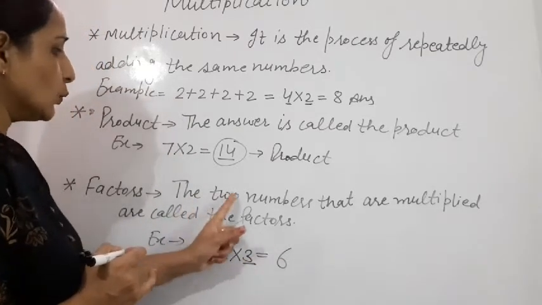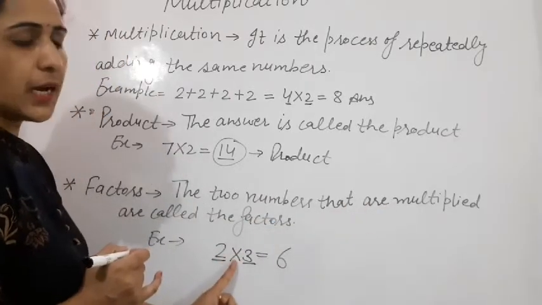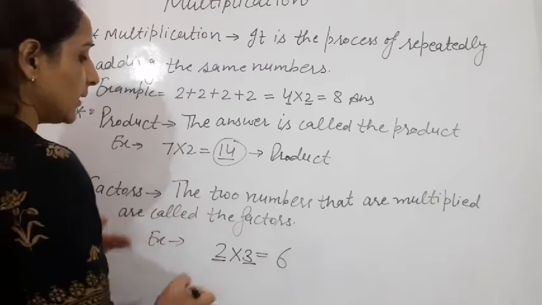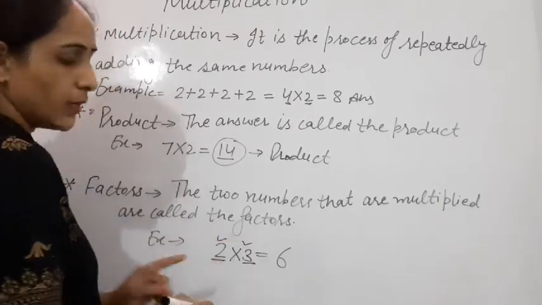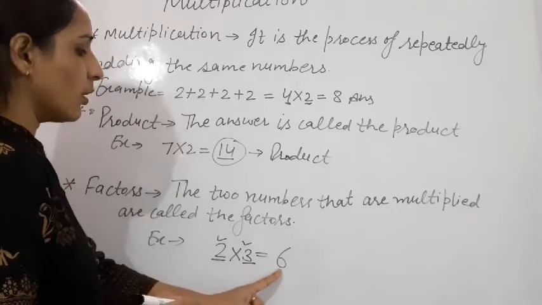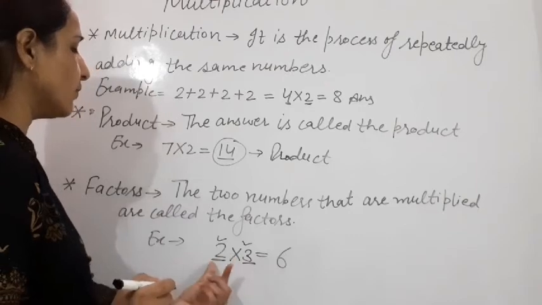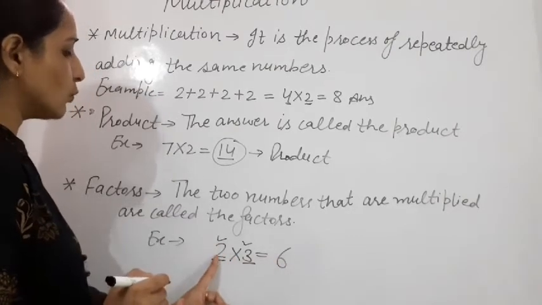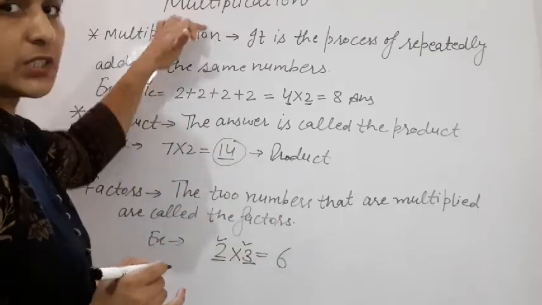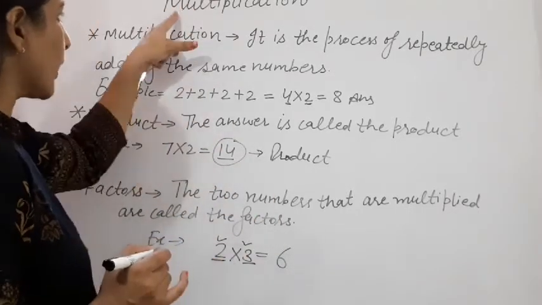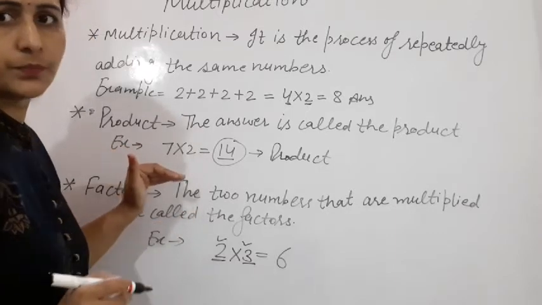Here 2 threes are 6, so 2 and 3 both are the factors of your answer 6. Factors means, when we divide 6 by 2 it is 3, 2 threes are 6 and 3 twos are 6. So before starting your recap exercise, you write all these points in your fair notebook.